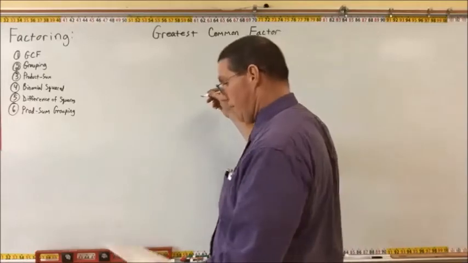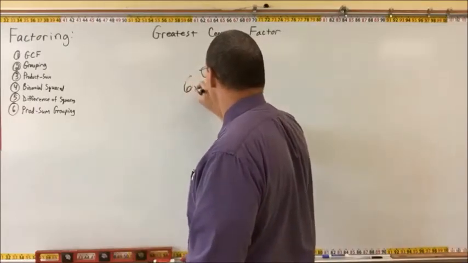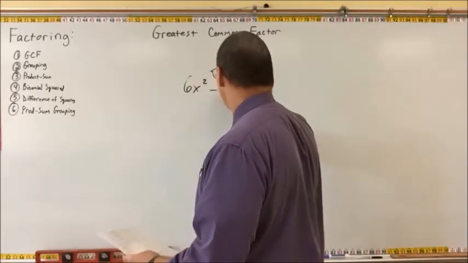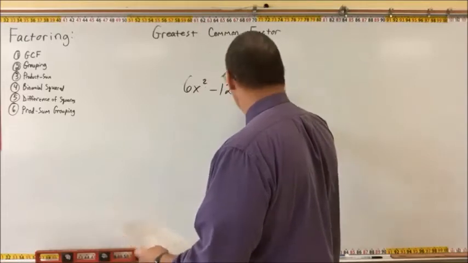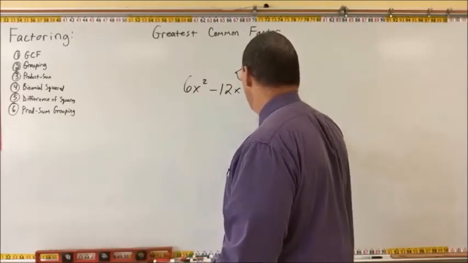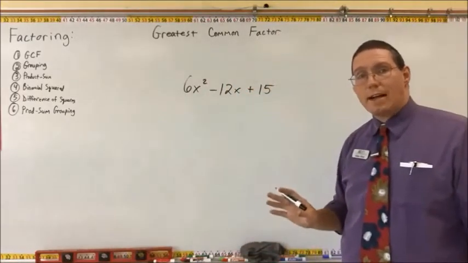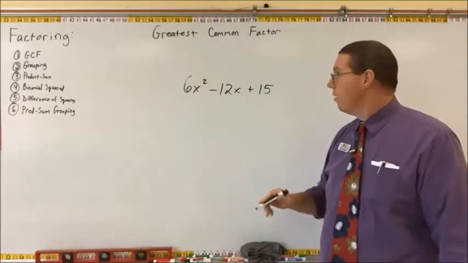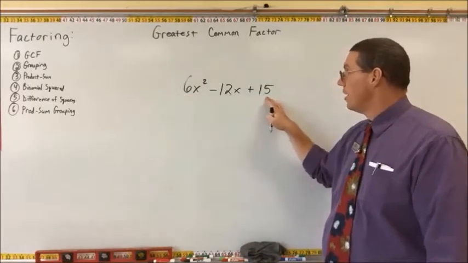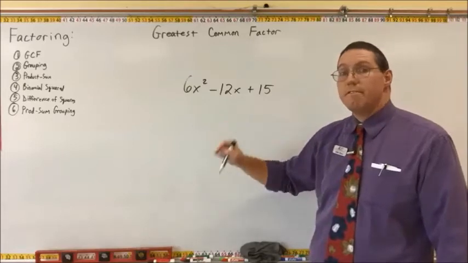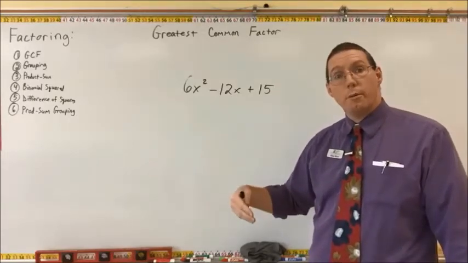Let's say we have the expression 6x squared minus 12x plus 15. In order to factor anything out of an entire expression, it has to be able to be divided, because we're undoing multiplication.